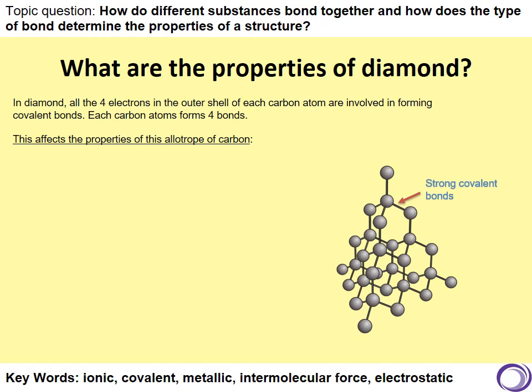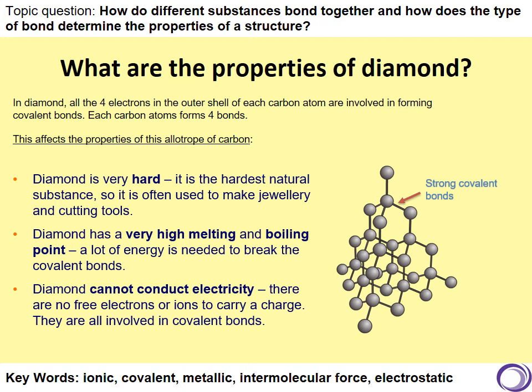So what are the properties of diamond? Well, if we look at the diagram, we can see that all 4 electrons in the outer shell of the carbon are involved in bonding because each carbon atom forms 4 single covalent bonds. And this will affect the properties of this type of carbon. So diamond is very hard.